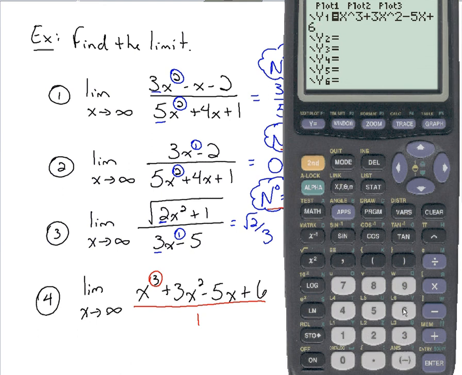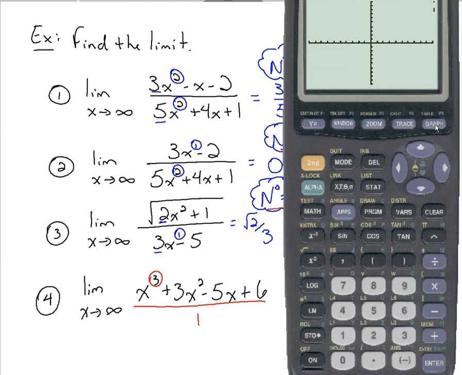If x is approaching infinity and I graph this, I see how the function curve's going up here off the screen, coming back down, and going up off the screen again. If x is approaching infinity, that means x values are getting larger and larger and larger as I go out this direction.